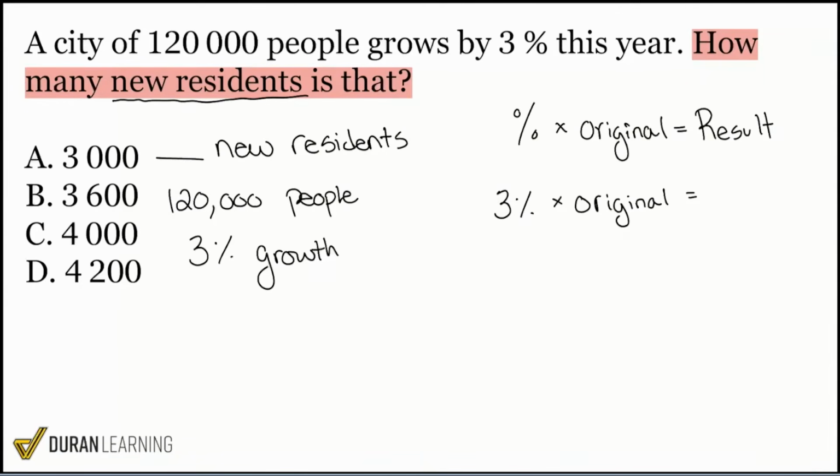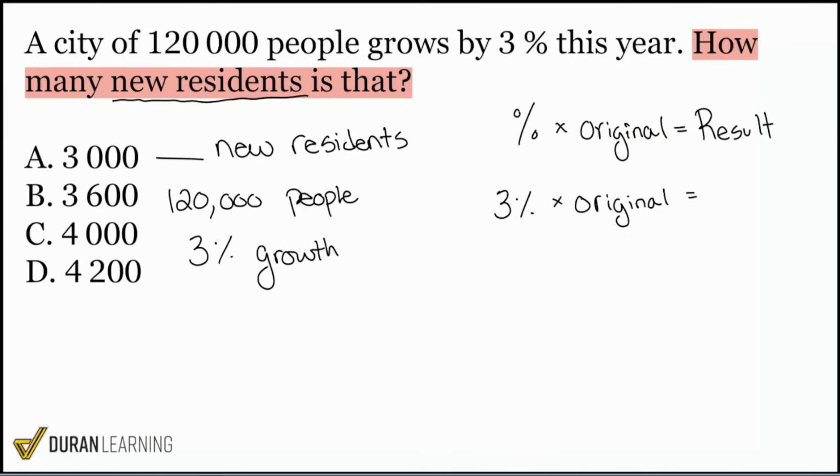Because the population is growing by 3%. That means that this 3% represents the new number of people that are going to be in this city. Again, it's more important to pay attention to the words than it is the actual numbers.